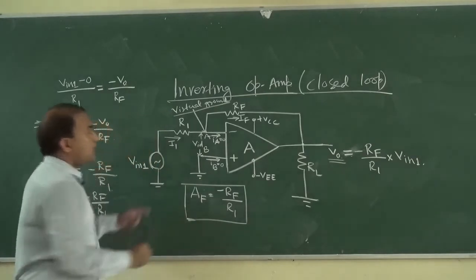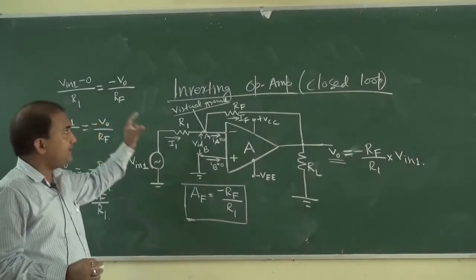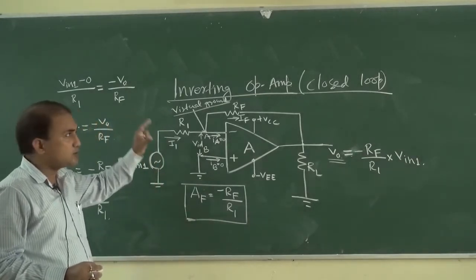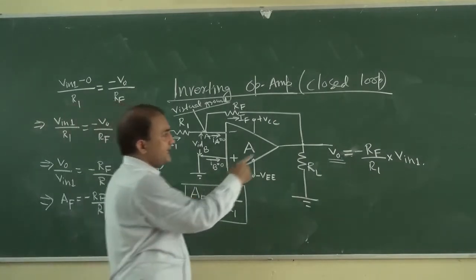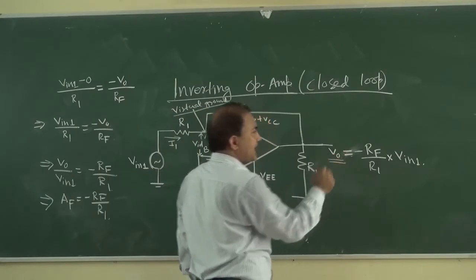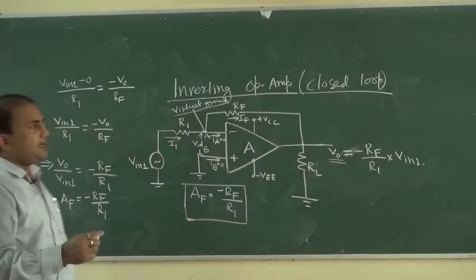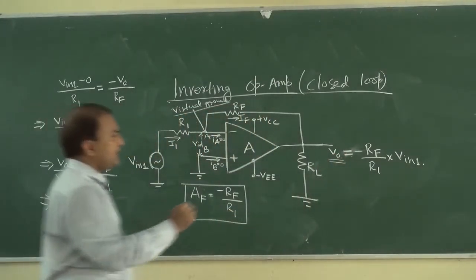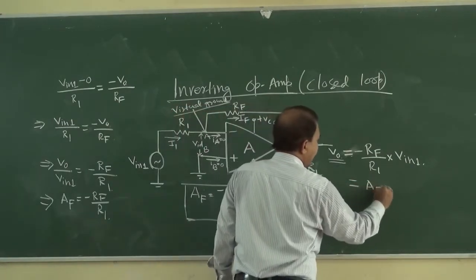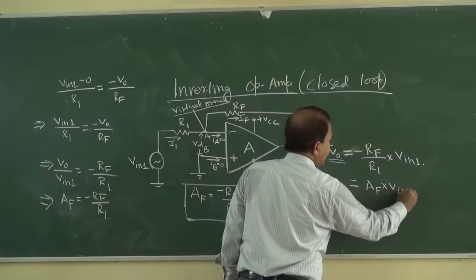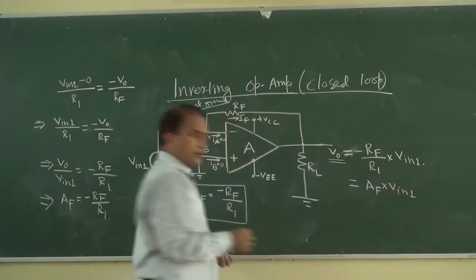This is the closed loop gain of the inverting operational amplifier in closed loop connection, and Vout we can express as minus RF by R1 into Vin1. So this is equal to AF into Vin1.